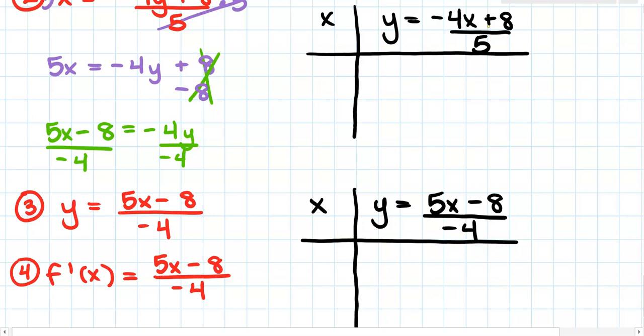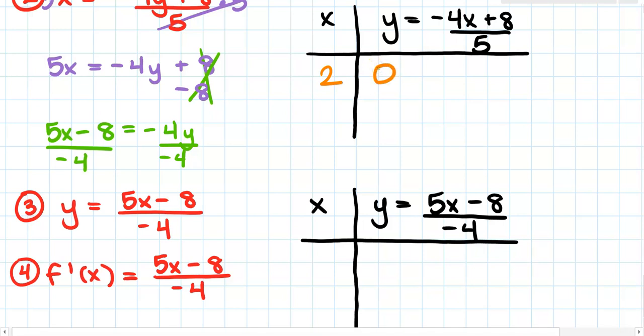Okay, so for example, for this first one, let's say I put in positive 2. If I put in positive 2, what's negative 4 times 2? Plus 8. 0. What's 0 divided by 5? 0.